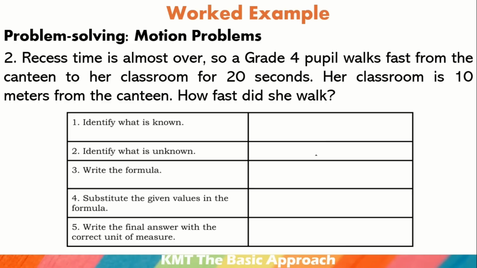Now let's proceed to number 1. What is known? Excellent! Distance equals 10 meters. Time equals 20 seconds. Number 2. Identify what is unknown. Very good. Speed. Number 3. Write the formula.